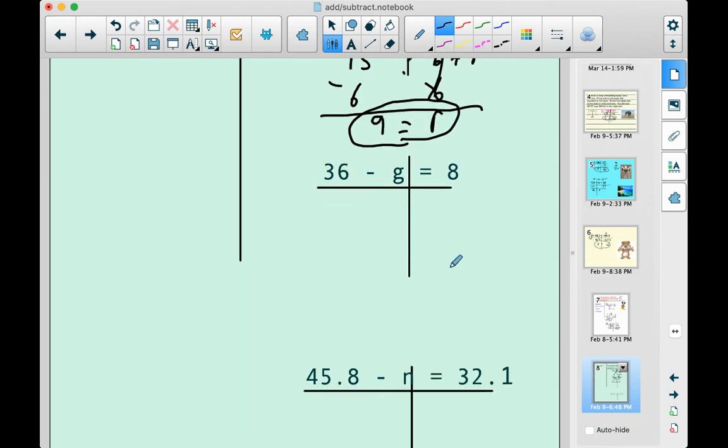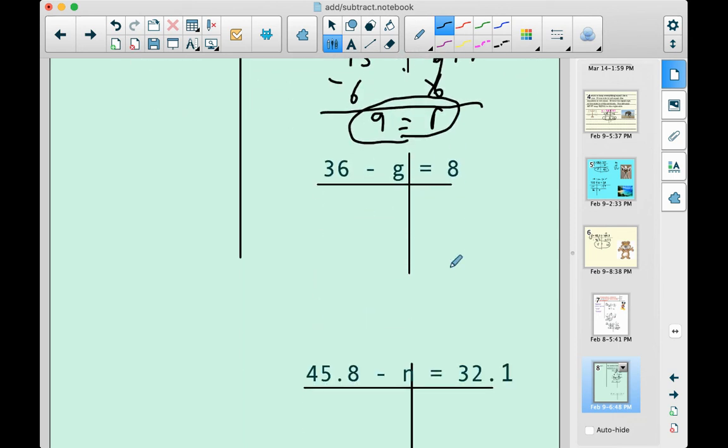Okay, let's try another one of those. 36 minus g equals 8. Okay, so again, g is the thing being subtracted. So what I want to do first here is add g to both sides. Minus g and plus g are going to cancel out. Okay, then I get 36 on this side.